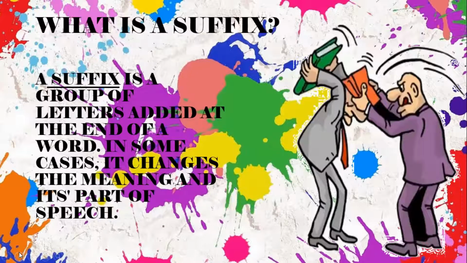Suffix. A suffix now, remember we talked about the prefix being a group of letters that we add at the beginning of a base or root word. A suffix now is the completely opposite. A suffix is a group of letters that we will add at the end of a root or base word. And the most important thing for you to note is that sometimes it will change the meaning, but almost every time it will change the part of speech.